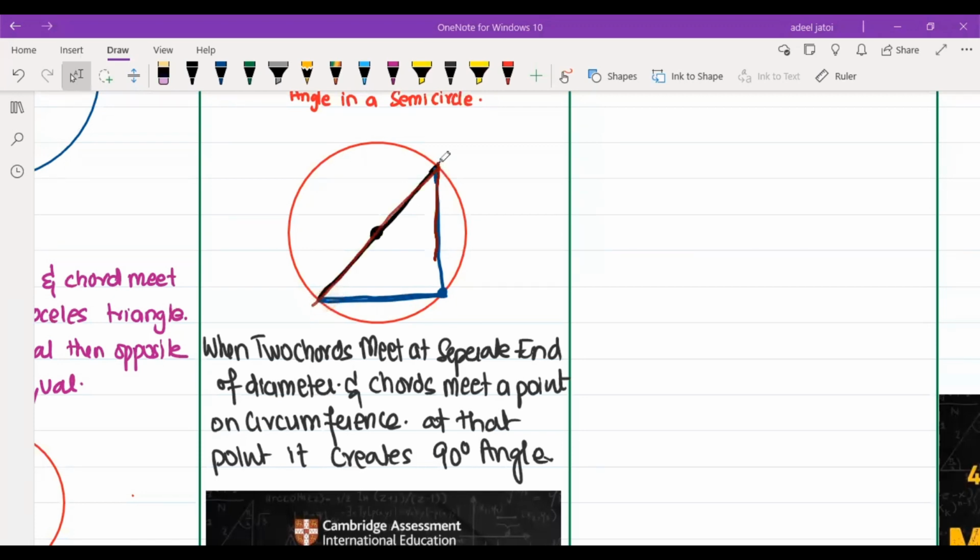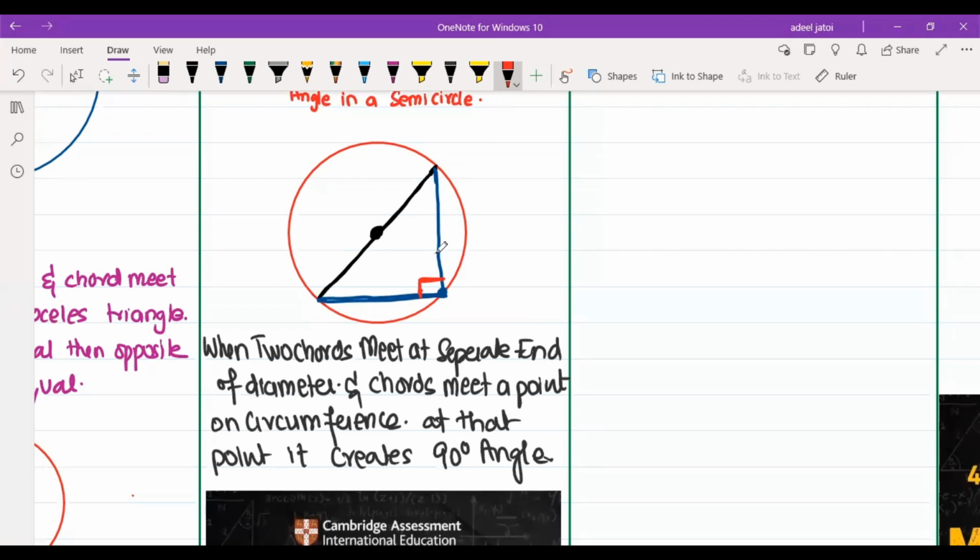So when two chords are meeting at the circumference, at that particular point, this will create what? 90 degrees. So this is your property: when two chords meet at a point on the circumference and those two chords are also meeting at two separate points of the diameter, it will always create a 90-degree angle.